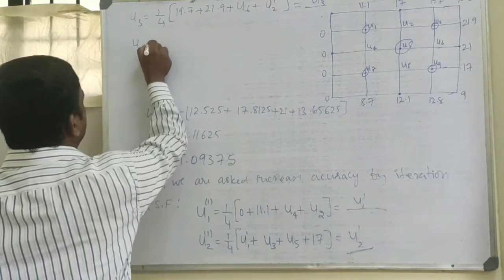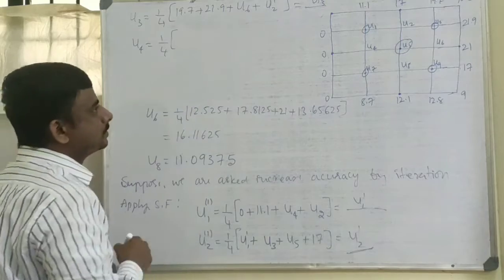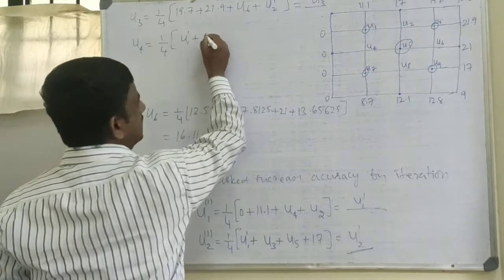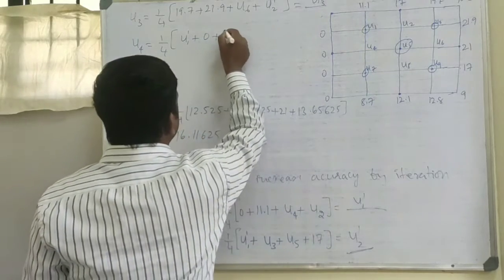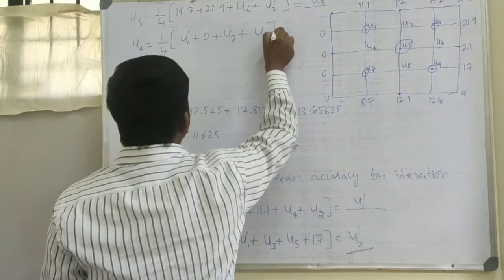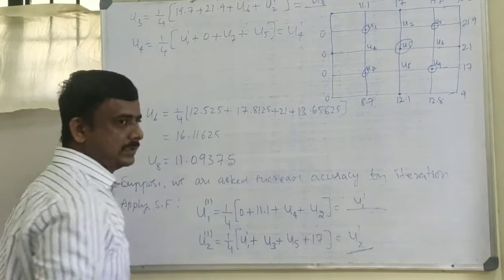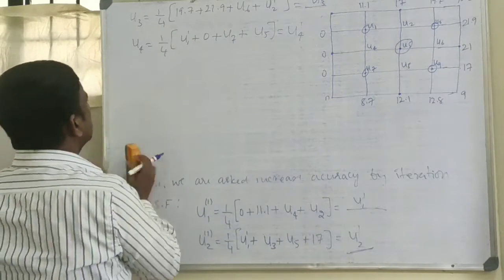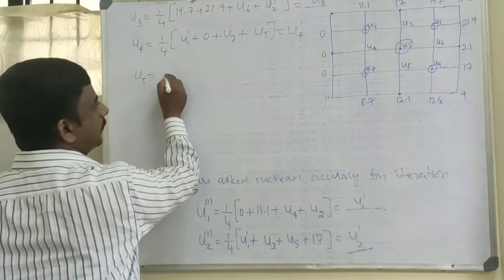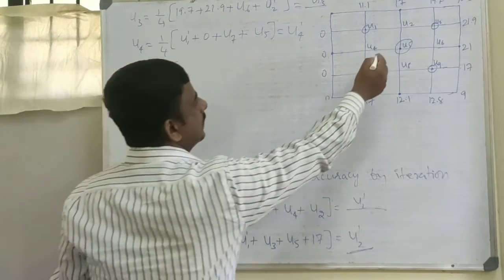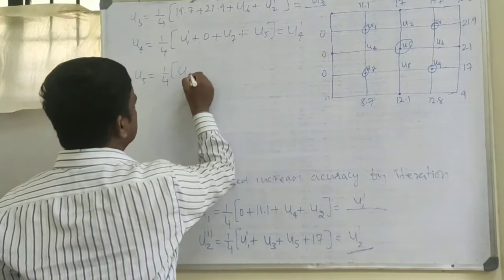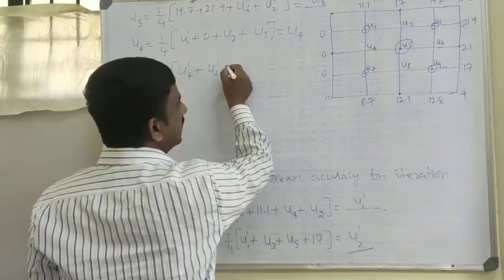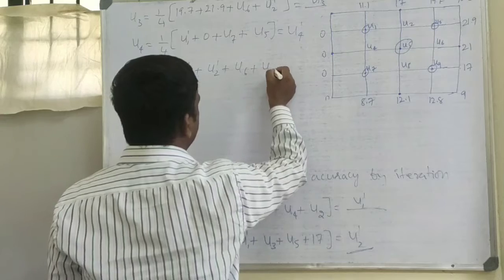Next, u4 equal to 1 by 4 into u1 dash plus 0 plus u7 plus u5. That will be u4 dash. Similarly, next compute u5. u5 will be 1 by 4 times u4 dash plus u2 dash plus u6 plus u8.